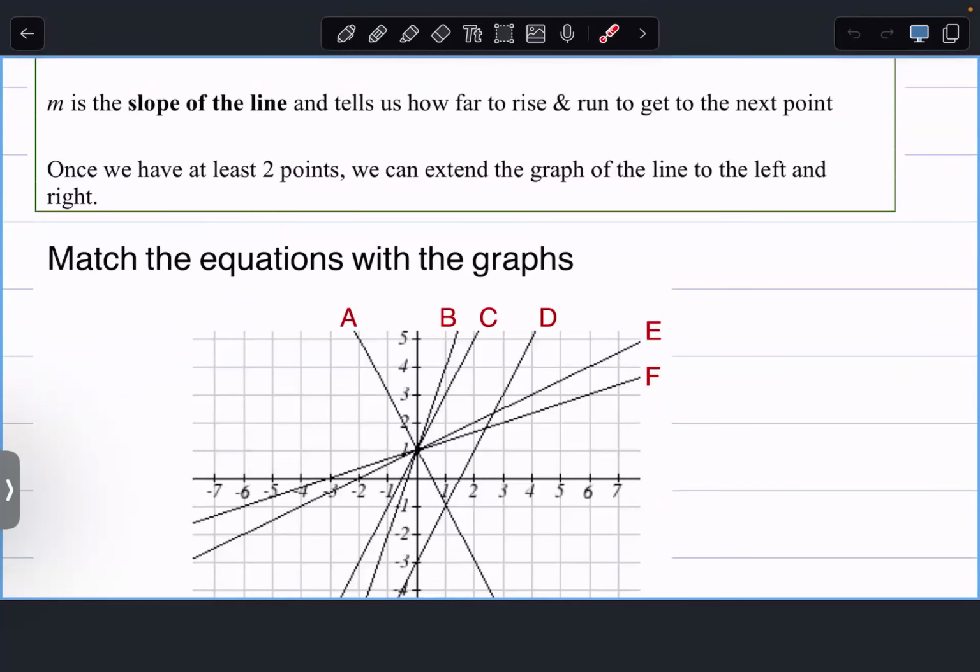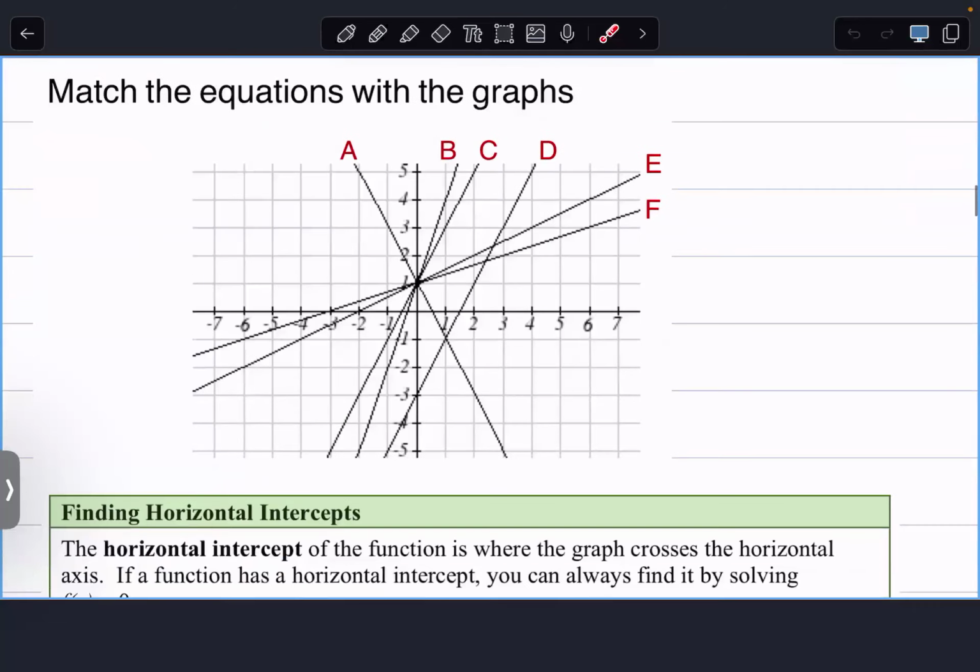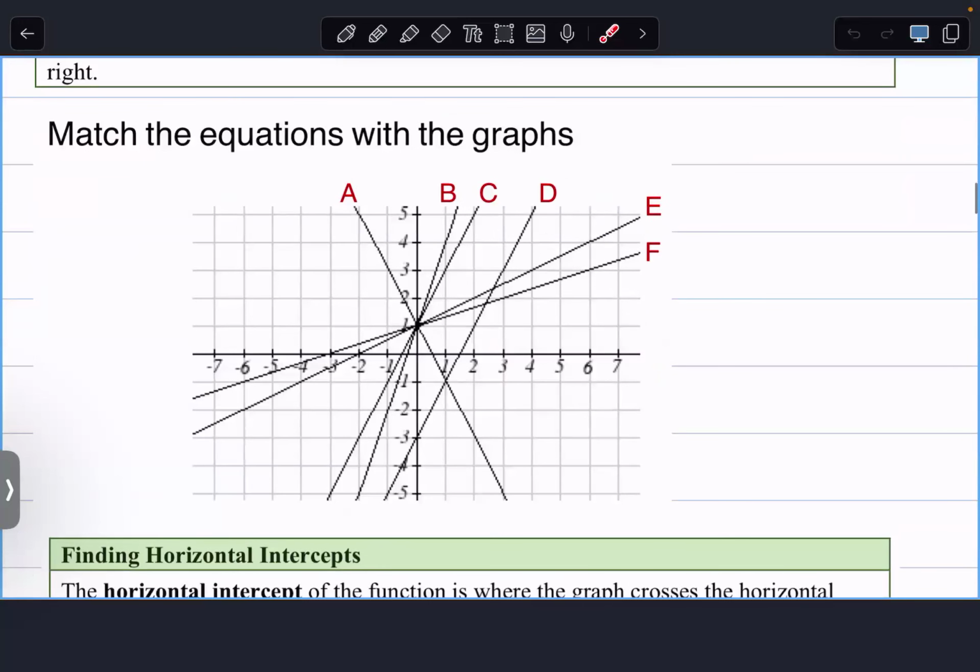Now let's see here. Oh, okay. Match the equations with the graphs. I think I deleted too much here. Yikes. I did. There are no equations.